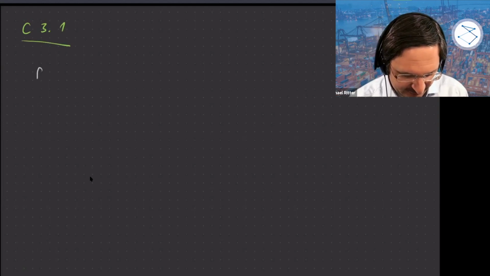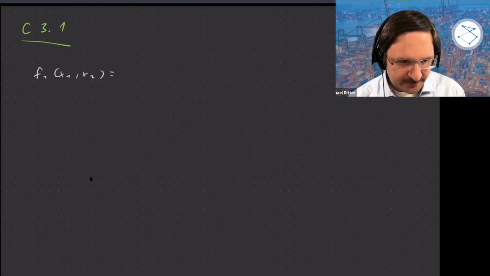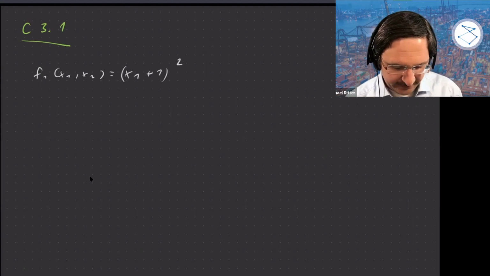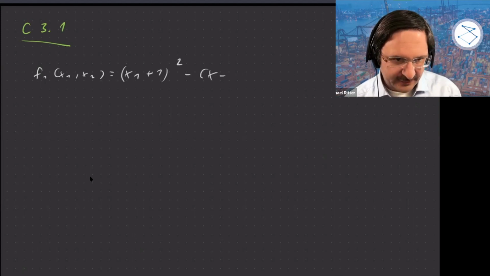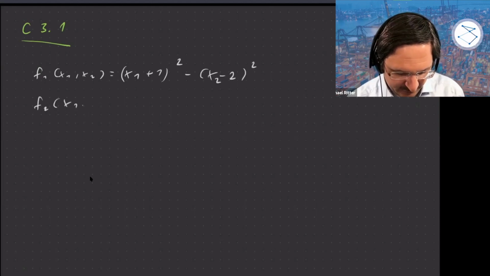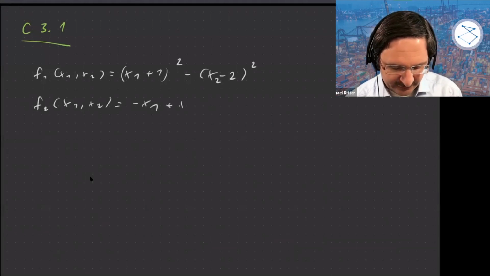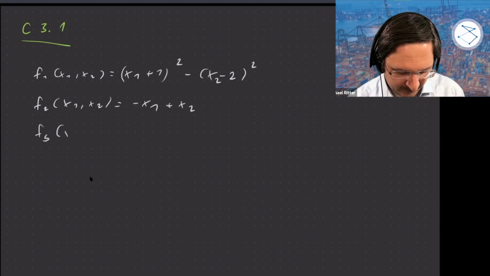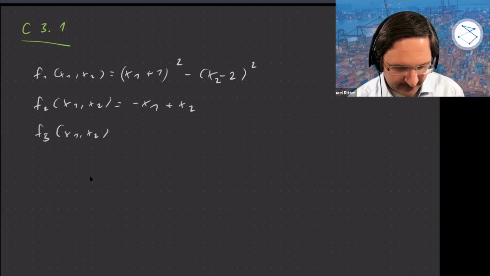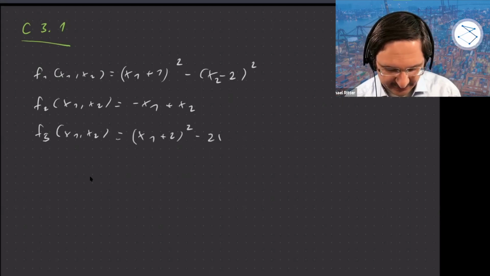Let me write those down once again. f1 of x1, x2 is the function (x1 plus 1) squared minus (x2 minus 2) squared. f2 is the function minus x1 plus x2. And f3 is the function (x1 plus 2) squared minus 2 x2.